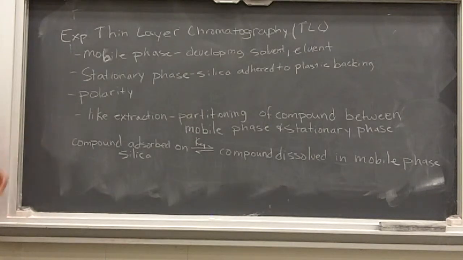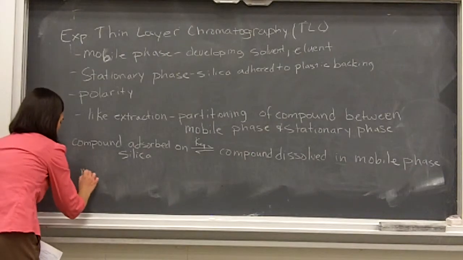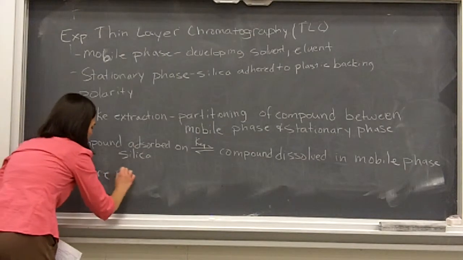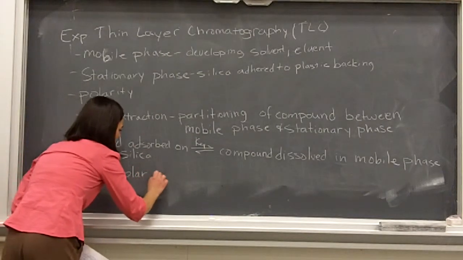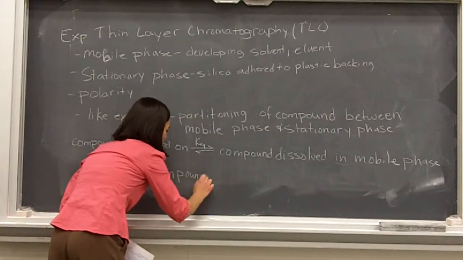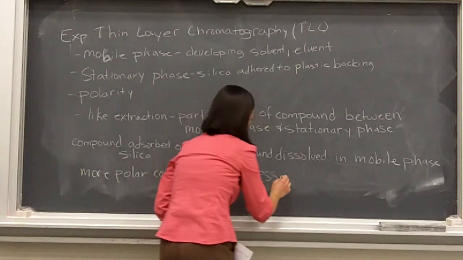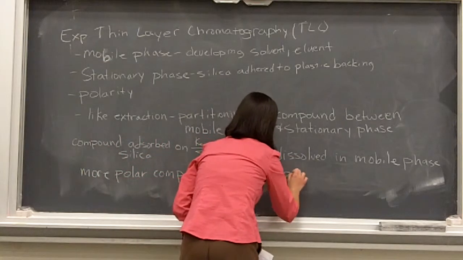of interest, okay? Now silica itself is very polar, okay? And so more polar compounds are going to spend more time adsorbed on the silica. So they'll be on this side of the equilibrium more often. Less polar compounds will be dissolved in the mobile phase.